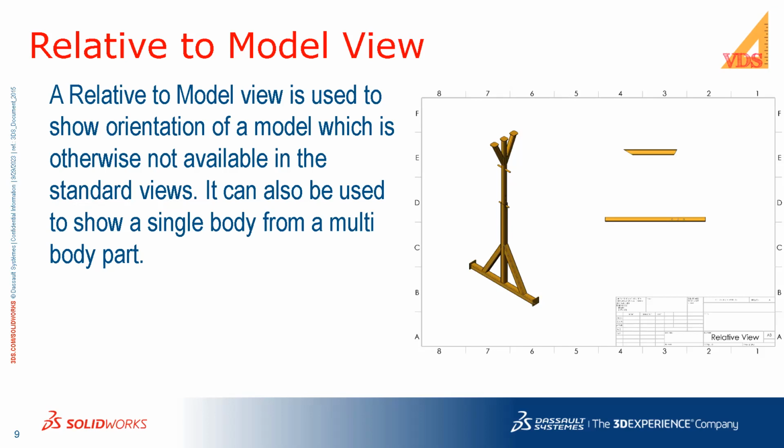Similarly, for assemblies, when you have a component which is at a little inclined shape, and when you try to create a view of it, it may not come in the desired orientation, so that you can easily detail it out. So what you can do is use the relative to model view.